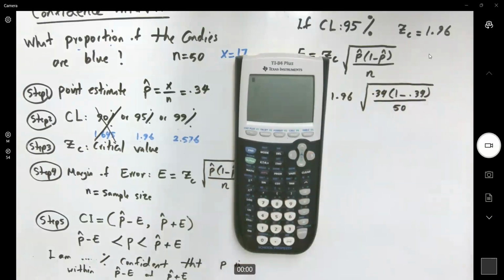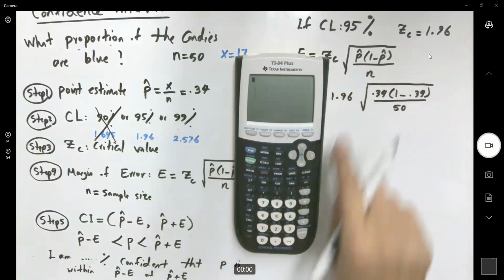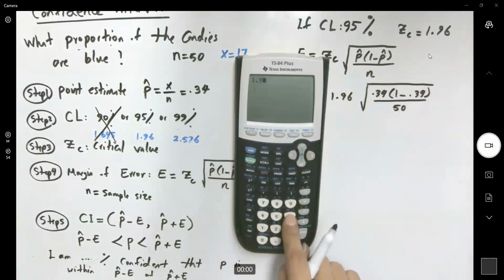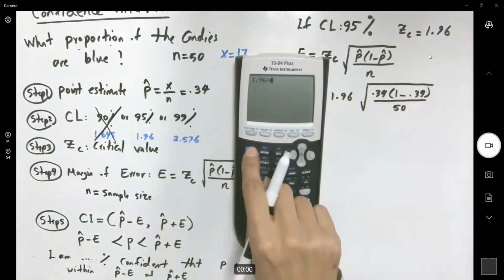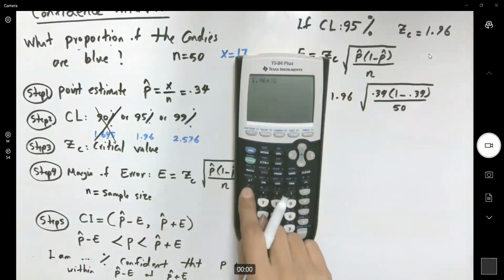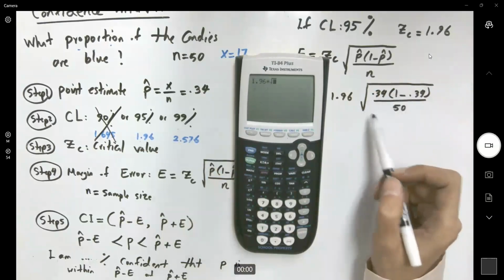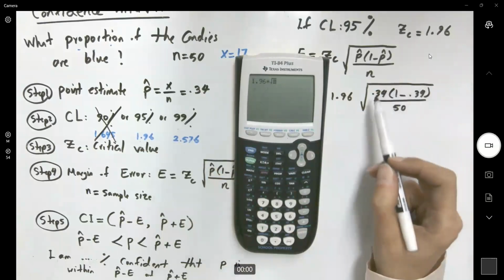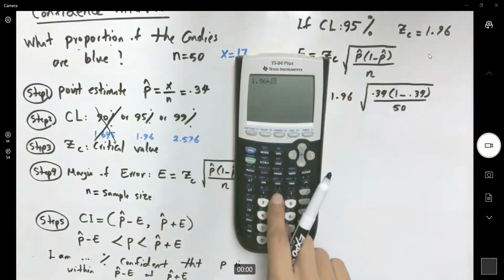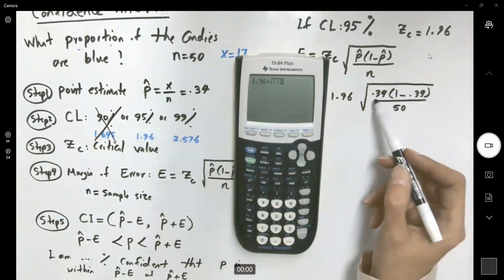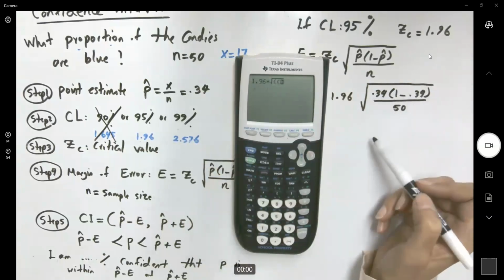Turn on your calculator. 1.96 times secant x squared. Since you have multiplication and division, to make sure everything stays inside the radical, use grouping symbols like parentheses. I'm going to use two sets because I have multiplication and I have division.